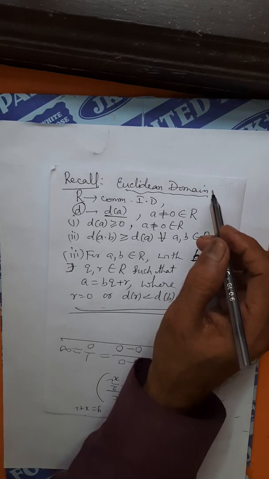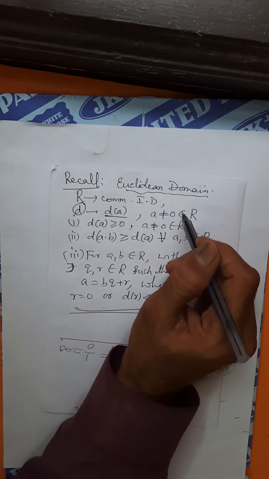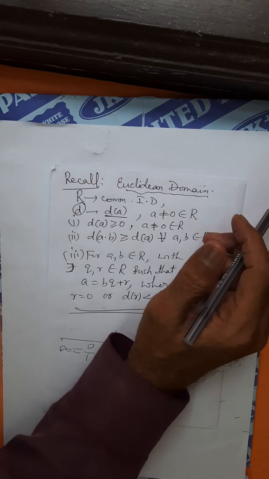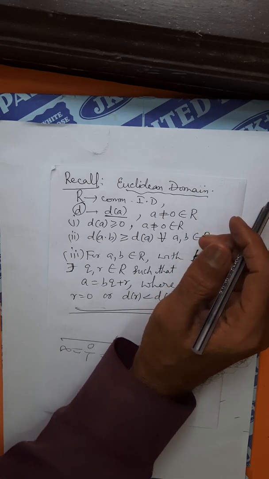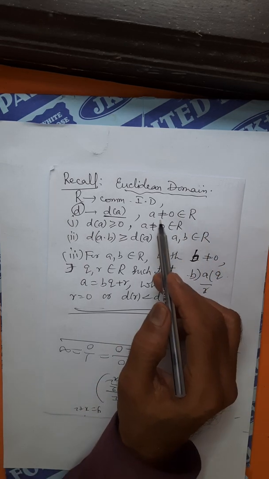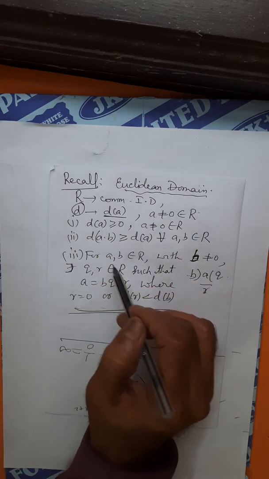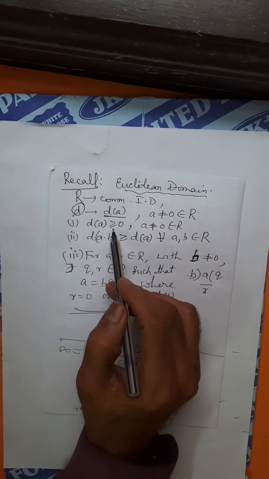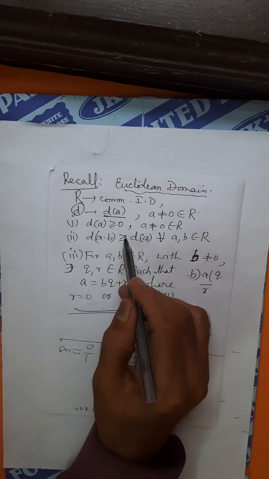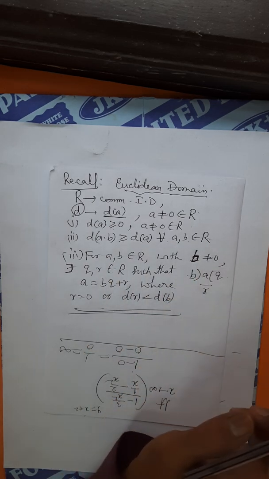A Euclidean domain R is a commutative integral domain in which there exists an integer value function d on the non-zero members of R, satisfying the following conditions: d of a is greater than or equal to 0 for every a not equal to 0 in R; d of ab is greater than or equal to d of a for all a, b belonging to R; and the third one is the division algorithm.